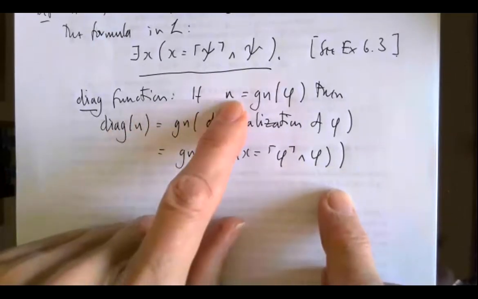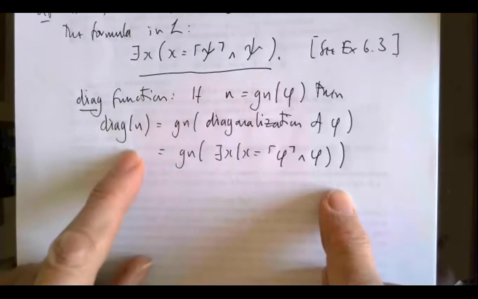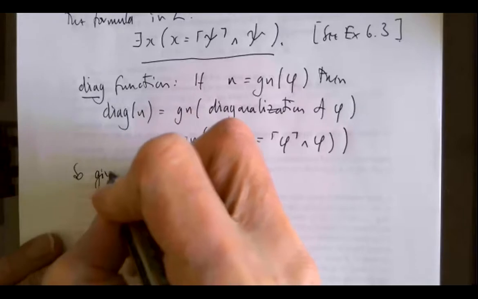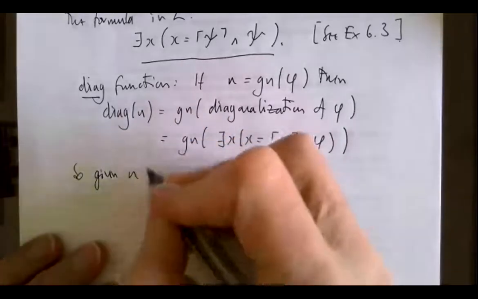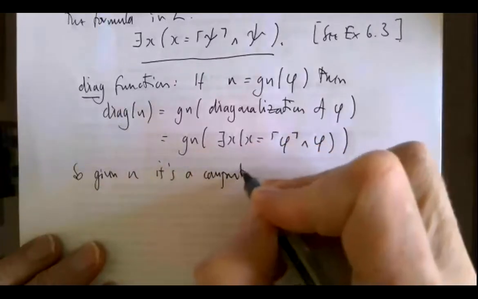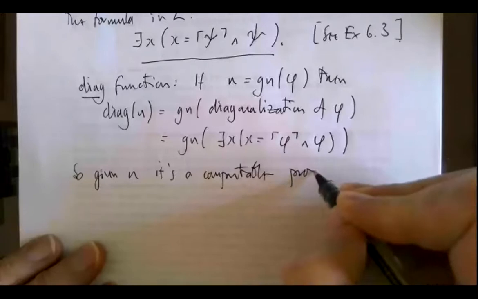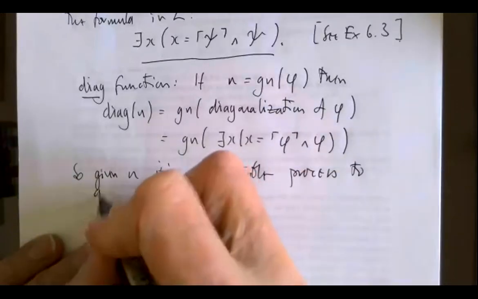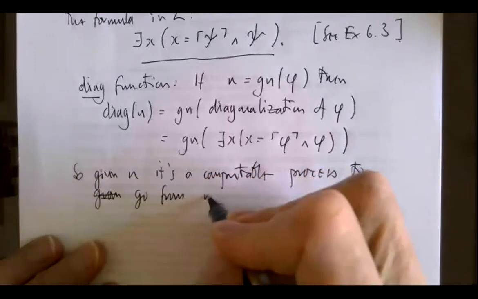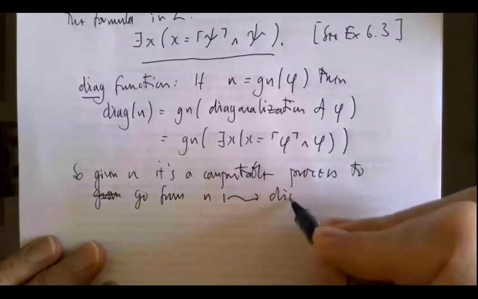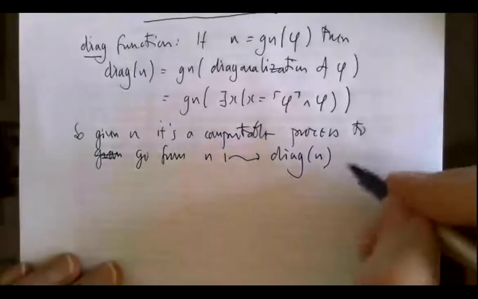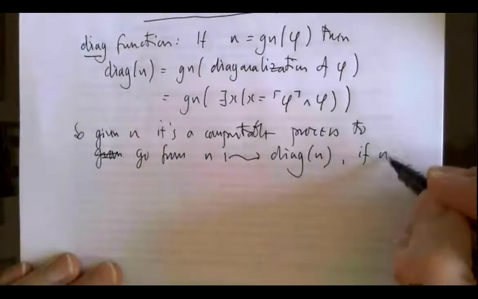So given n, it's a computable process to find diag n, to go from n here to diag of n, if n is the Gödel number of a formula.